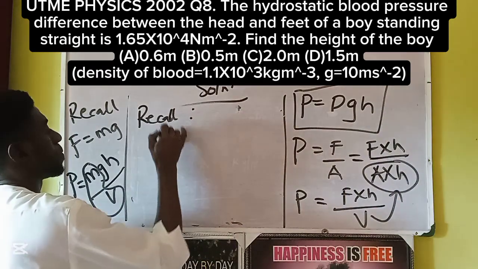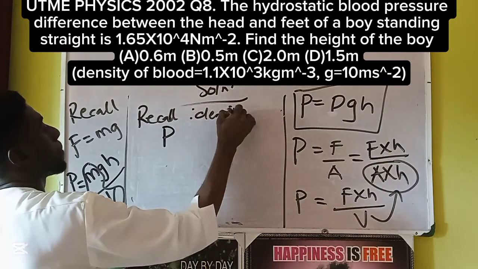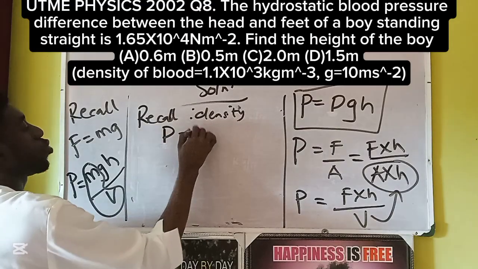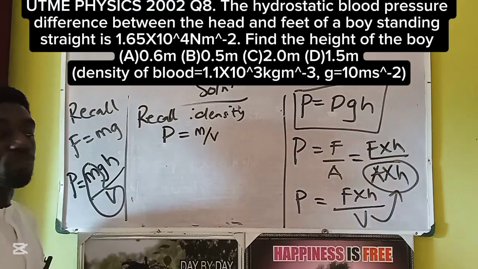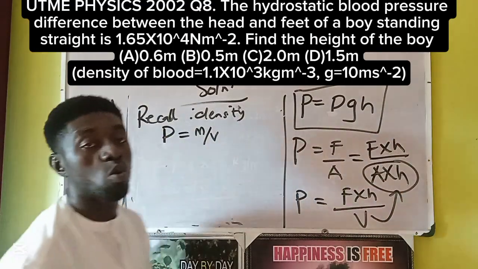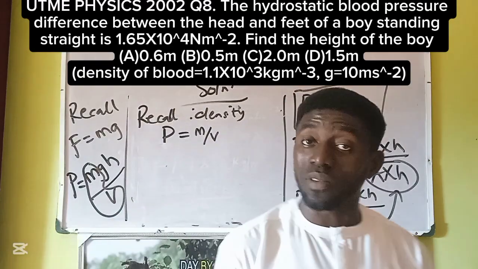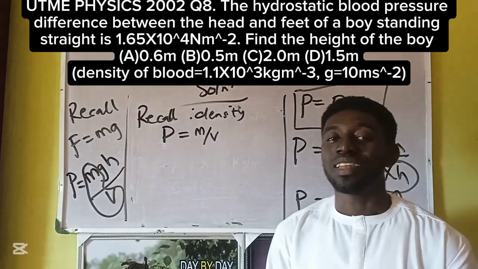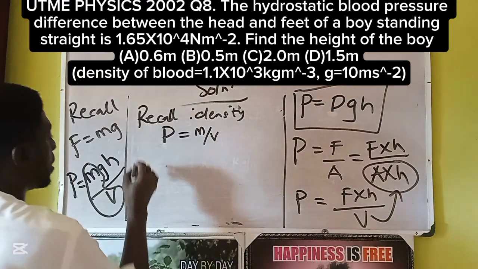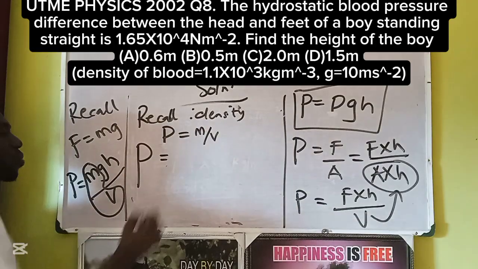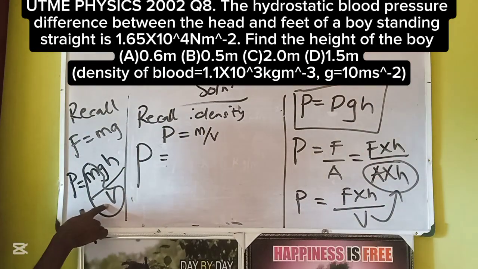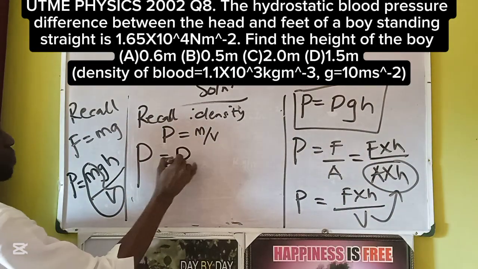Recall that density is equal to mass over volume. Mass over volume is what we call density. Then finally, we'll be having pressure on fluids is equal to M over V, which represents density.